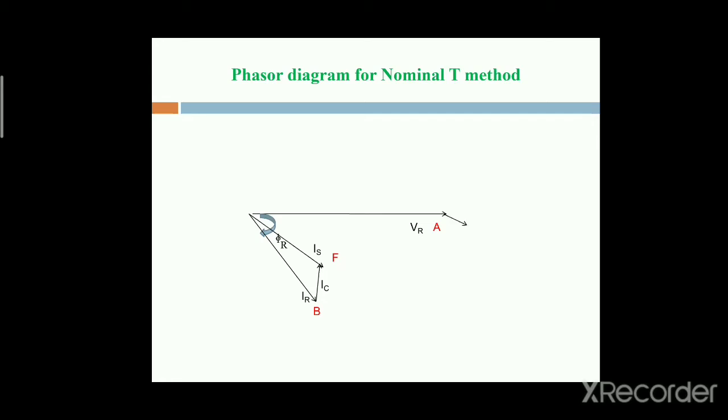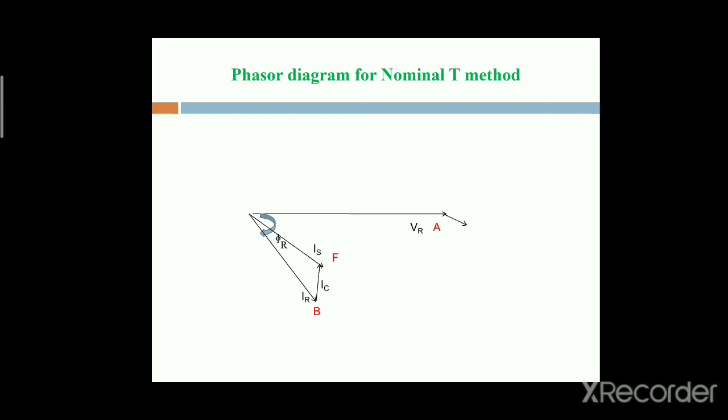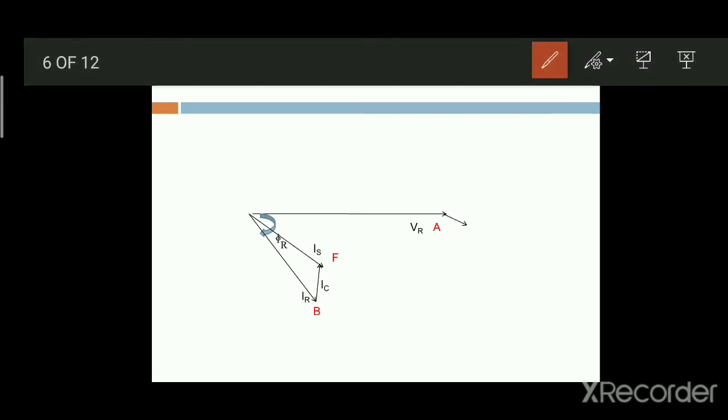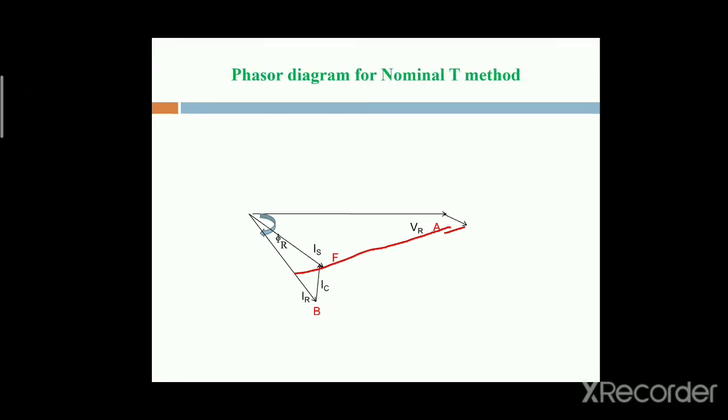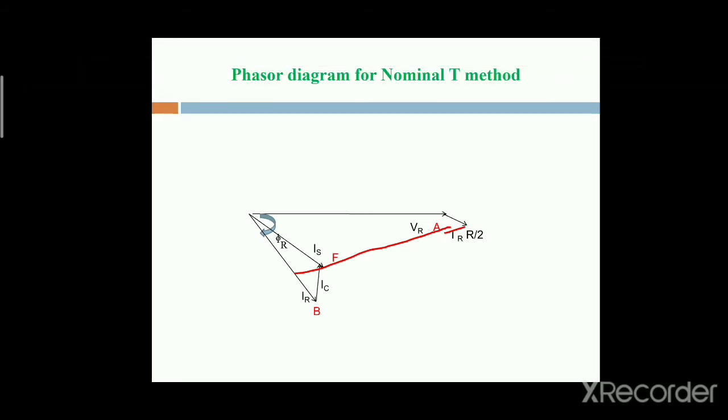Next, the IR line will be projected like this. That is IR R by 2. At an angle of 90 degrees, we take IR X by 2.